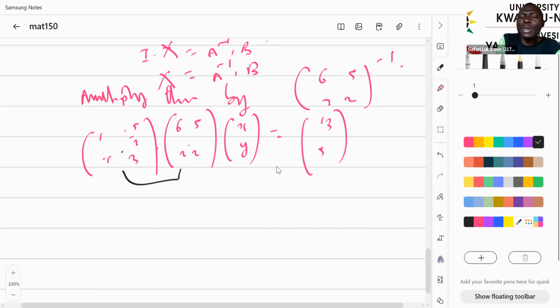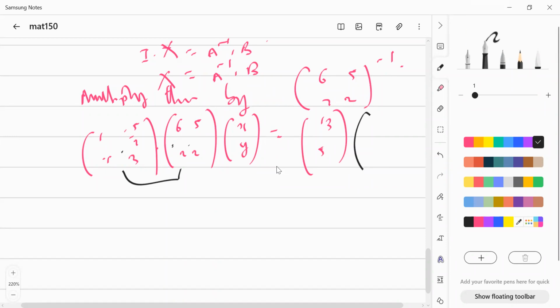Who can tell me, like I've explained up, what is the product of a matrix and its inverse? That will give us what? I've said it the other time. Oh, what I have done for the left-hand side, I must also do for the right-hand side. Sorry.